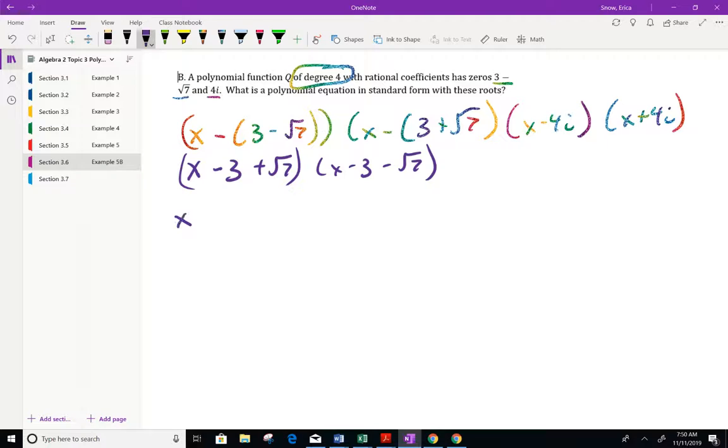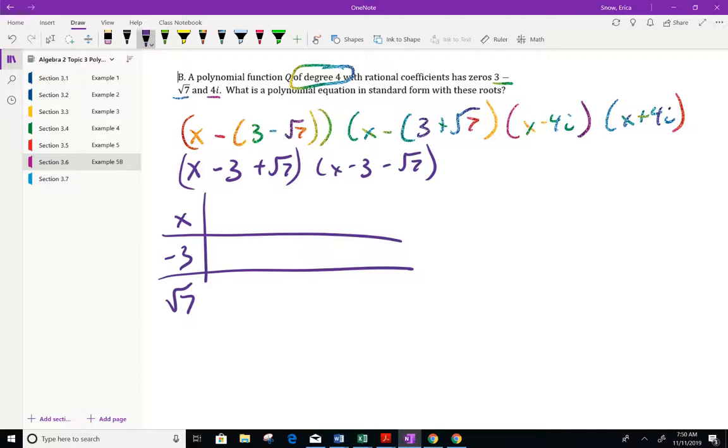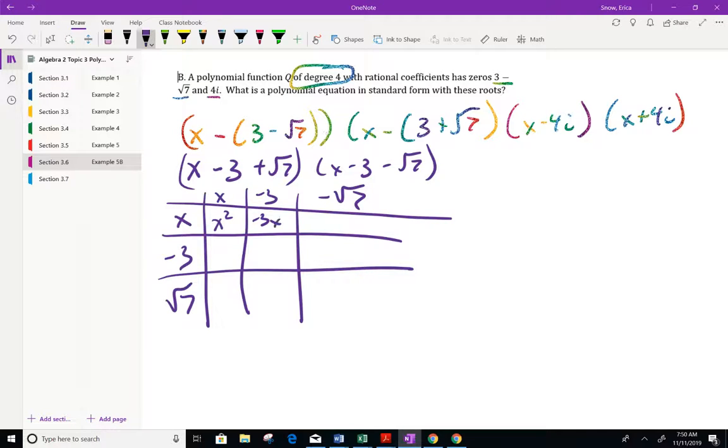So we get x squared, negative 3x, negative x root 7, negative 3x, positive 9, 3 square root 7, x root 7, negative 3 root 7, and negative 7.